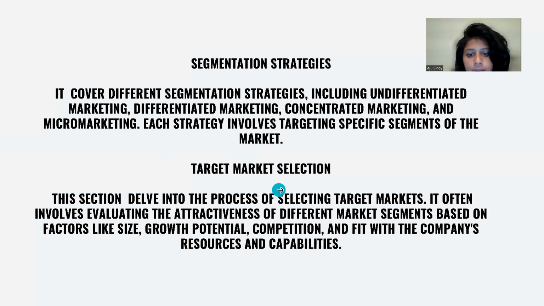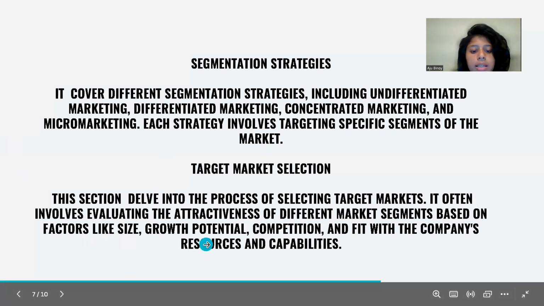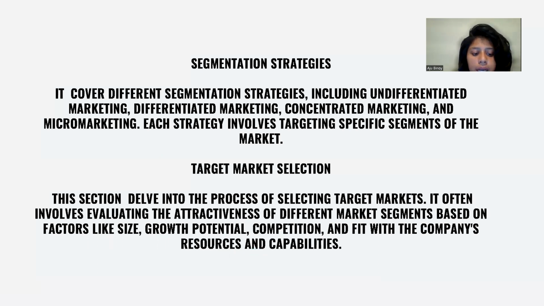And let's move on to the target market section. This section dives into the process of selecting target markets. It often involves evaluating the attractiveness of different market segments based on factors like size, growth potential, competition, and fit with the company's resources and capabilities. As we discussed before, targeting is evaluating each potential segment and deciding which groups of customers to invest marketing resources in.